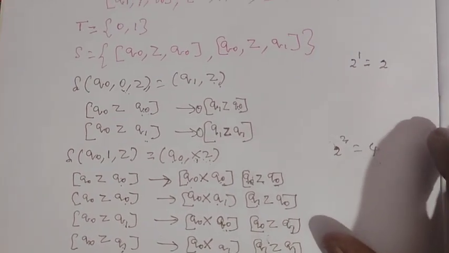Now we'll go and write the third transition function. How to write it? The third transition function is delta of q0, 1 is equal to q0, epsilon.